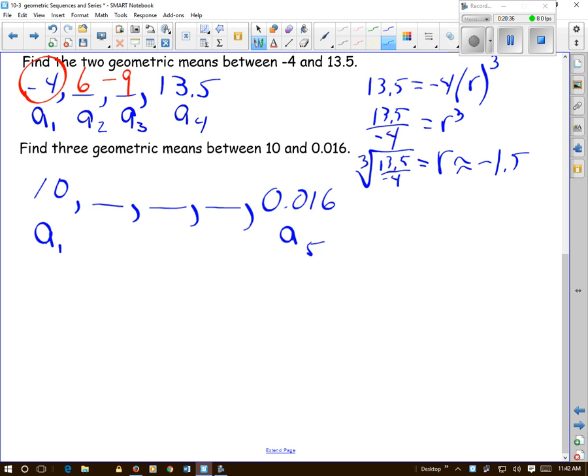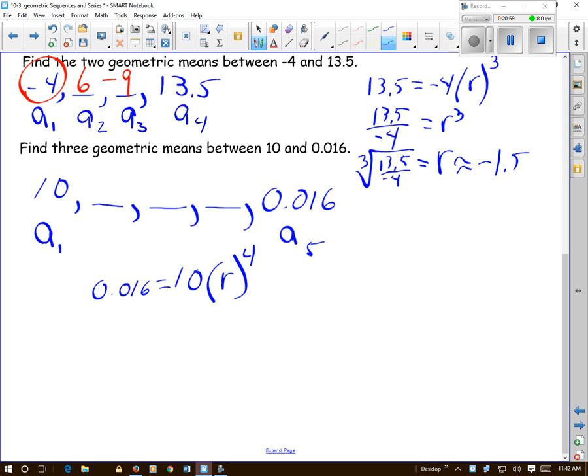So to find r, go back to the formula, an, so 0.016 is going to equal a1, 10, times r to the n minus 1, so n minus 1 here is going to be the fourth power.